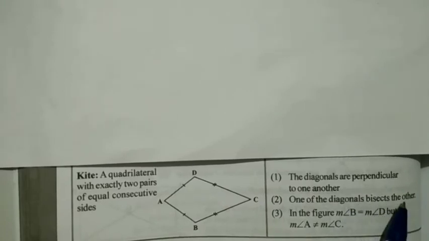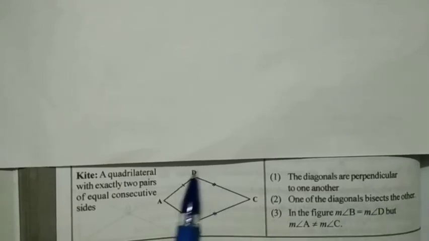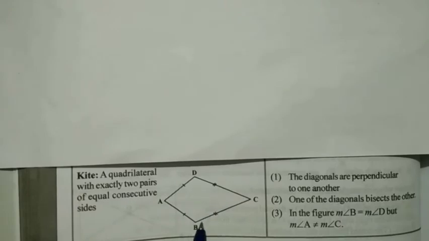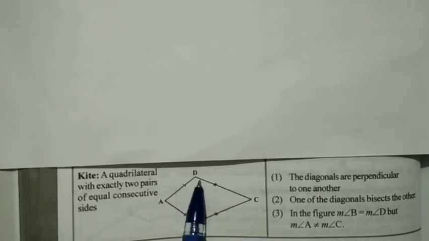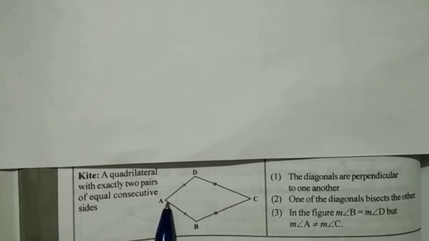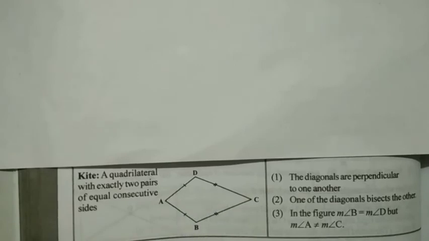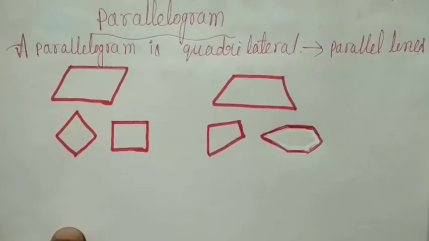And second property, one of the diagonals bisects the other. In the figure, angle B is equal to angle D, but angle A is not equal to angle C. Once again, angle B is equal to angle D, but angle A is not equal to angle C.